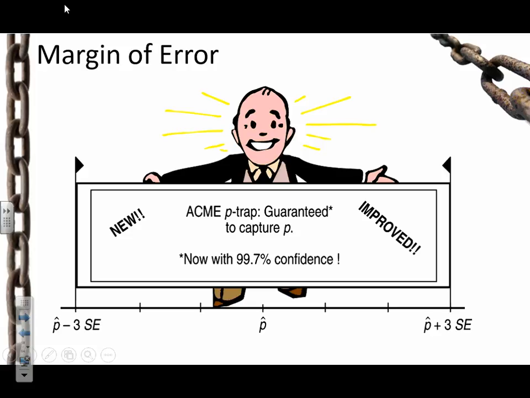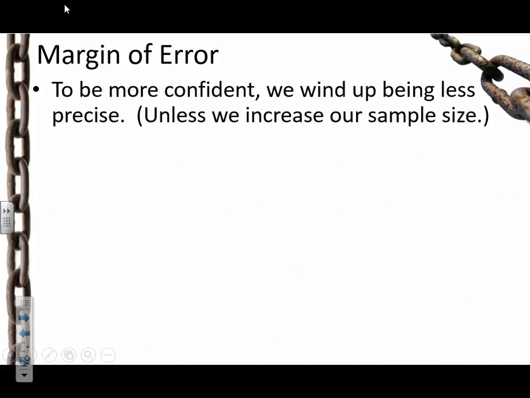So when we look at this whole balancing act, in general, if we want to be more confident in our interval, we need to end up being less precise. We need to widen that interval. The exception to that, and I do want to make sure you guys write that down, is increasing sample size.